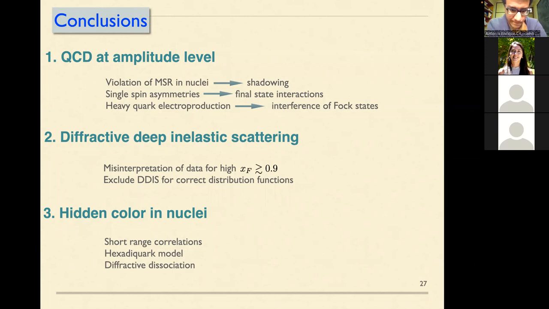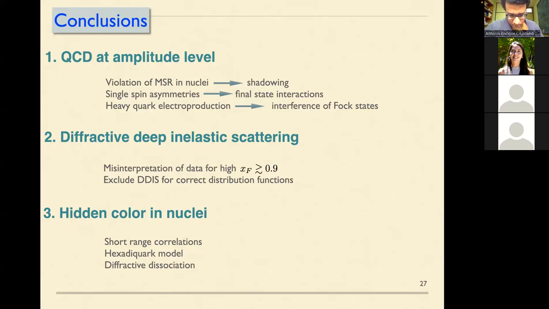And I think I have shown you that there are few places in which you can really test QCD at the amplitude level. I think it's very important to look into that. I showed you three examples. The next was deep inelastic scattering, diffractive deep inelastic scattering, the fact that you have to subtract these diffractive events from the usual distribution functions.